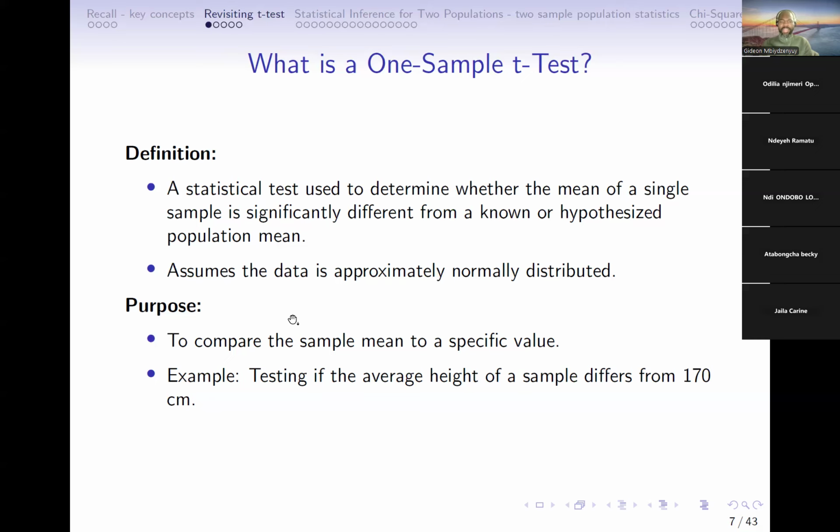Given a sample, the 170 here would be a claim you are making about height in general, and you want to see if the average height differs from that value. It doesn't have to be height. It can be any real world system that you intend to study.